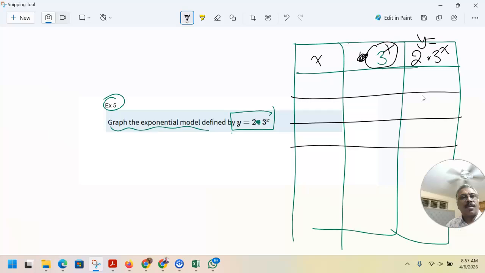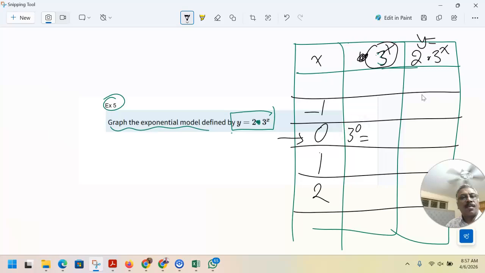So let's take only a few points, 0 maybe, and -1 and 1 and 2. So we'll see what's going on. So 3 raised to x. If I plug in 3 raised to 0, when x is 0, anything raised to 0 is 1. And then multiply by 2. So this becomes 2. So the first point that we get is 0, 2.